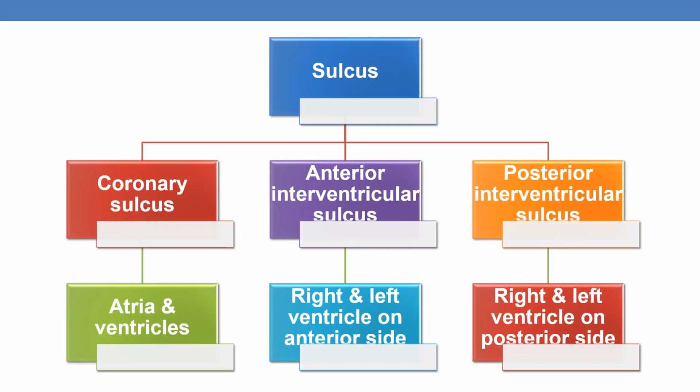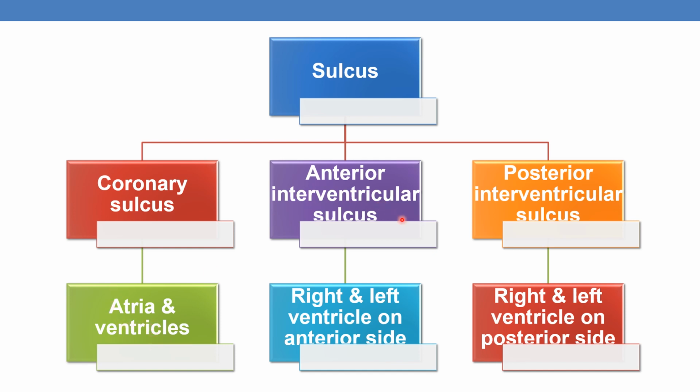There are mainly 3 sulcus: coronary sulcus, anterior interventricular sulcus, posterior interventricular sulcus. The coronary sulcus forms an external boundary between atria and ventricles.